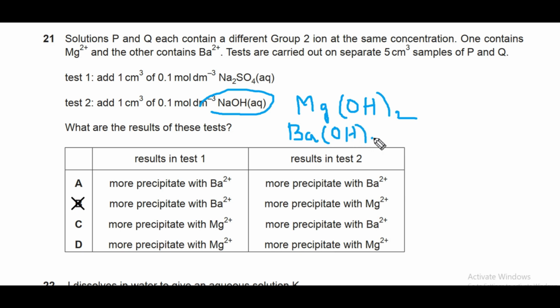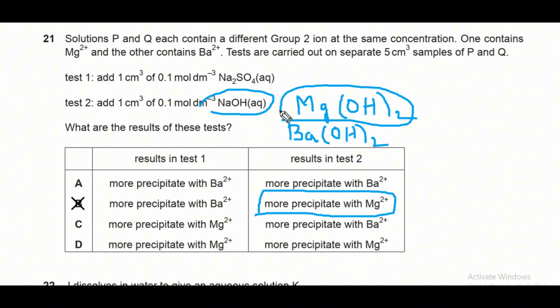So more precipitate with magnesium ion, because magnesium hydroxide is insoluble, but barium hydroxide is soluble. And you know, group 2 hydroxide solubility increases down the group. Barium hydroxide gives no precipitate, but magnesium hydroxide gives precipitate. B is the right answer.